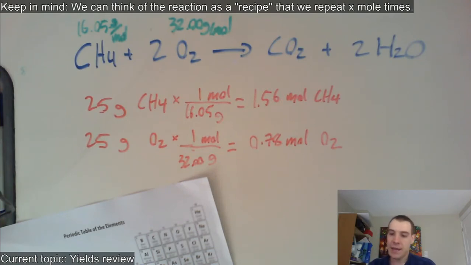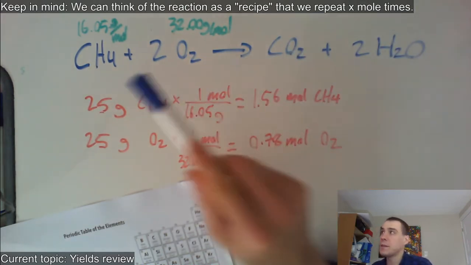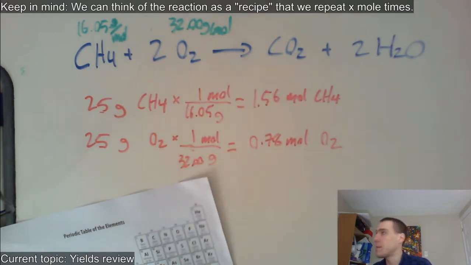So what do I do with that? Well, there's a few different ways to do this. Perhaps the easiest is just to figure out exactly how much CO2 I can make. This is the CO2 up here. I have CH4. 1 CH4 makes 1 CO2.